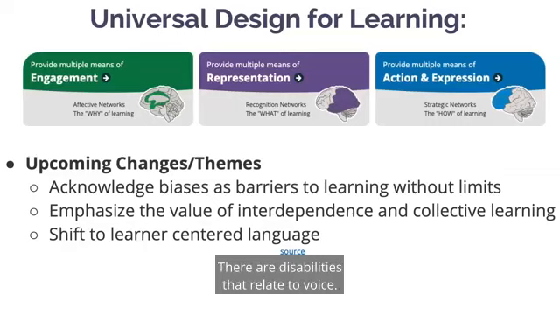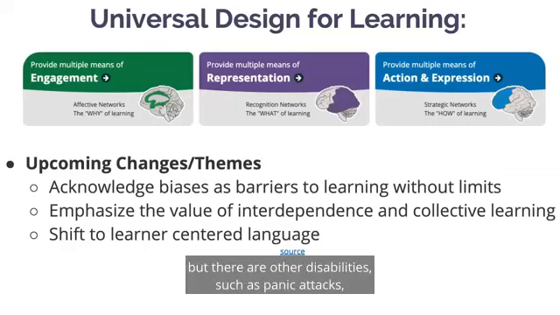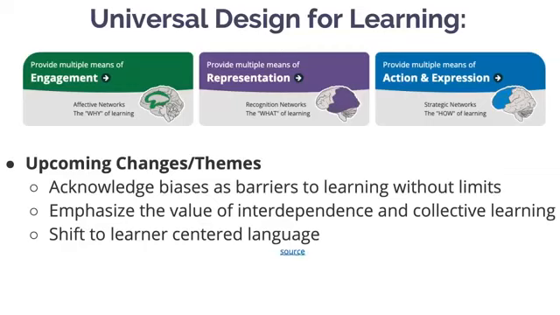There are disabilities that relate to voice, and I'm not talking about being deaf, but there are other disabilities such as panic attacks that can occur when certain voices are heard. If you've had spousal abuse of a male and female, then a male voice may cause a panic attack, or vice versa.